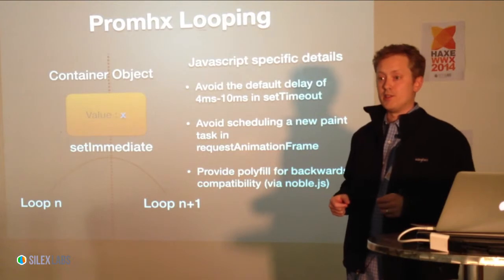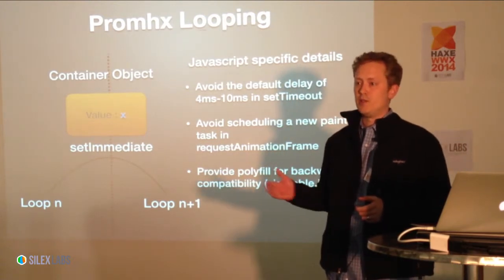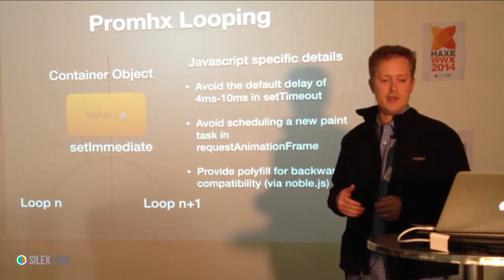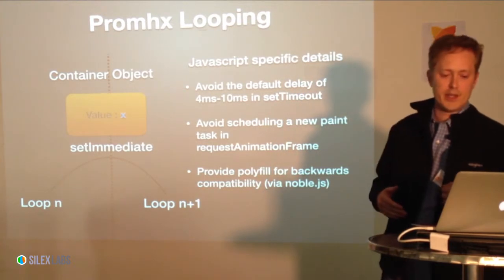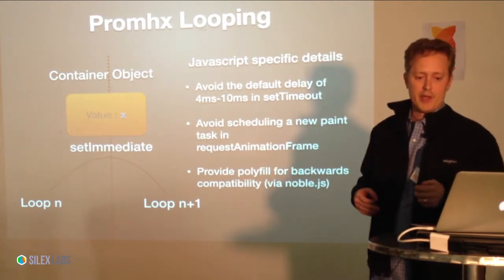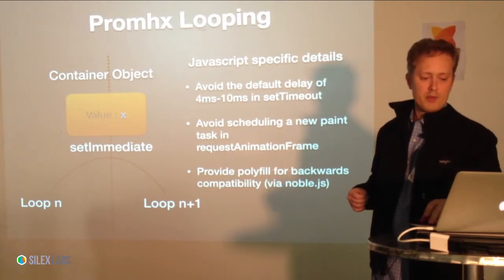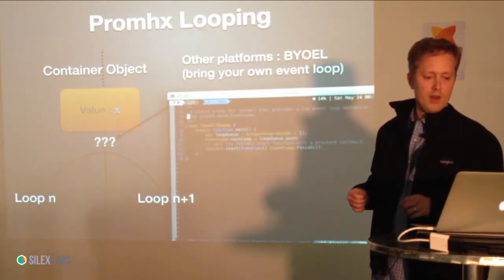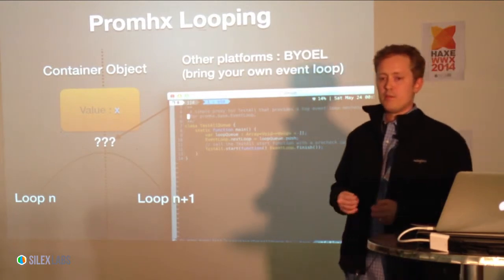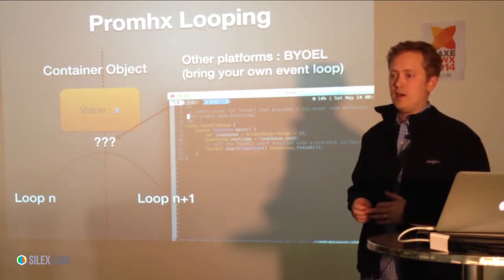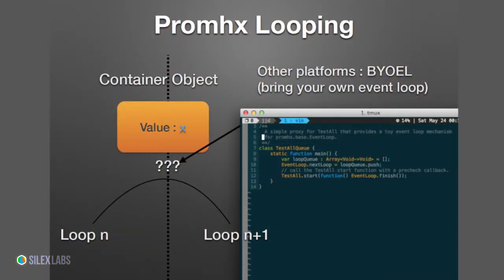And then luckily there are good polyfills for this that will support older browsers. As a side note, this was done by a project at Barnes & Noble, called Noble.js, that provides this polyfill. Other platforms outside of JavaScript, and a few targets that don't have conventional setImmediate type handlers, you're expected to bring your own event loop.